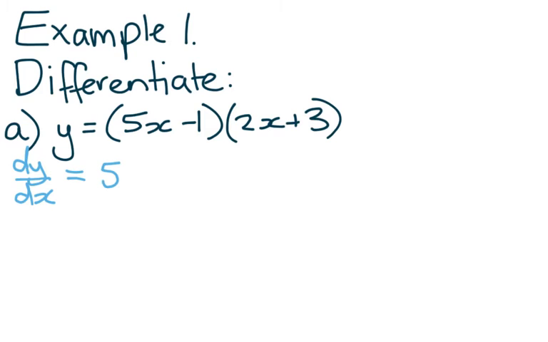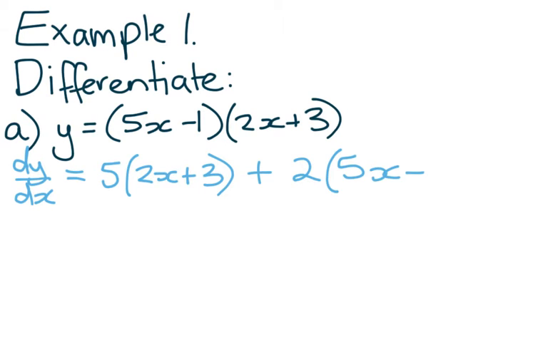The derivative of that is 5 multiplied by the second, so we've got times 2x plus 3, plus the derivative of the second, which is 2, times the first, which is 5x take 1. So we've got here 5 brackets 2x plus 3, close bracket, plus 2 brackets 5x take 1, close brackets.